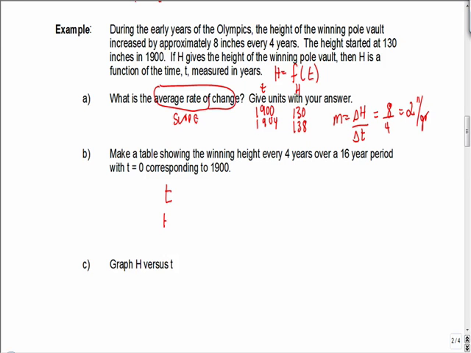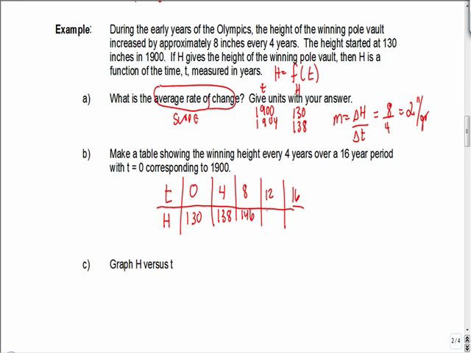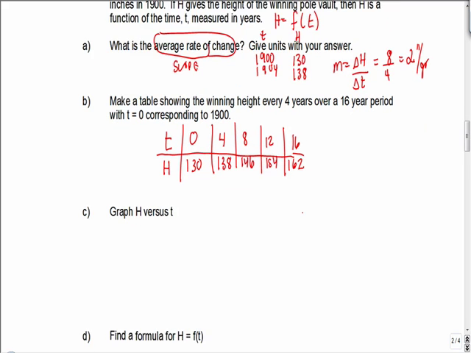So I'm going to have times and heights, and they tell me 0 is 1900, and I know that was 130 inches, and I need to go by 4s every 4 years, so 4, 8, 12, and 16, and I increase by about 8 each time, so 138, 146, 154, 162.